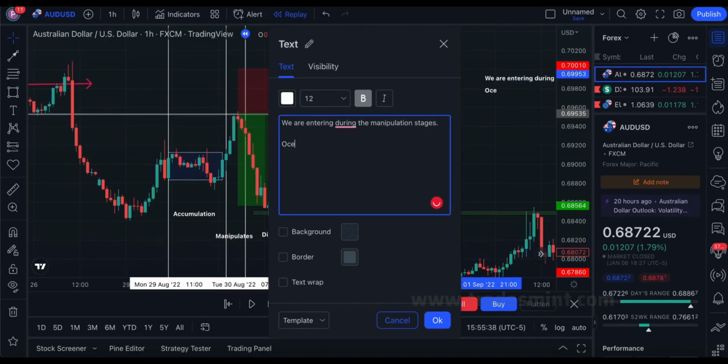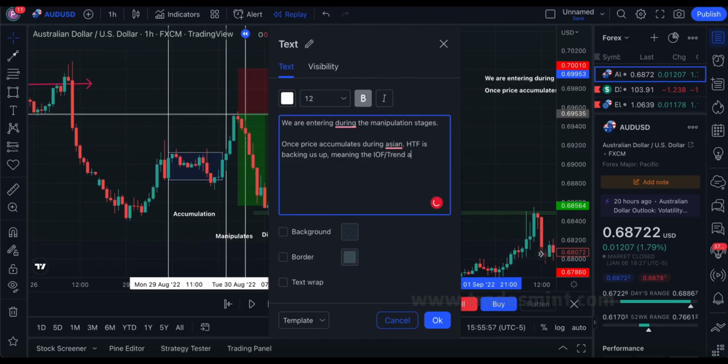Once price accumulates during Asian, higher time frame is backing us up, meaning following the IOF, the institutional order flow, or basically the same thing as trend.